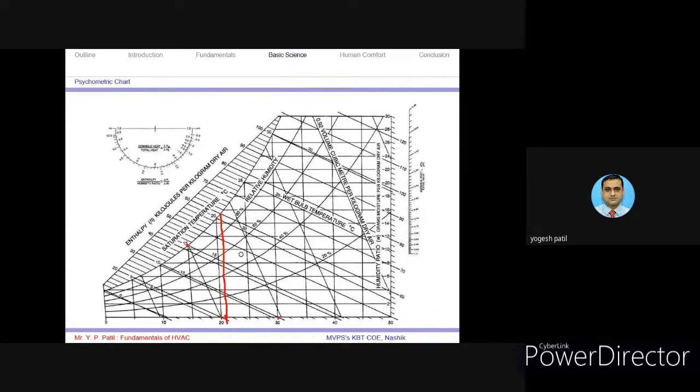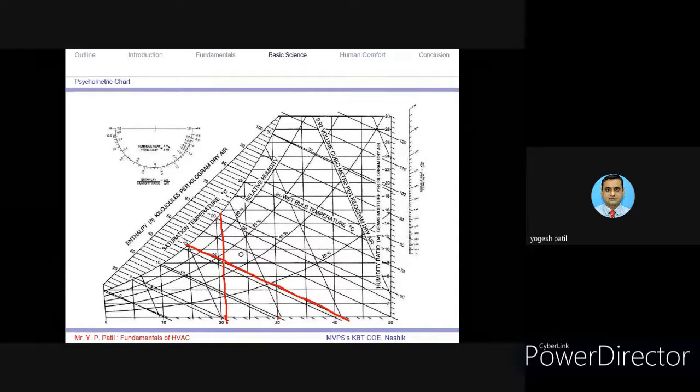For example, I will assume it is 15, and based on this I will draw another line that crosses the dry bulb line in this way. Now the second line is drawn, and we get the intersection here.